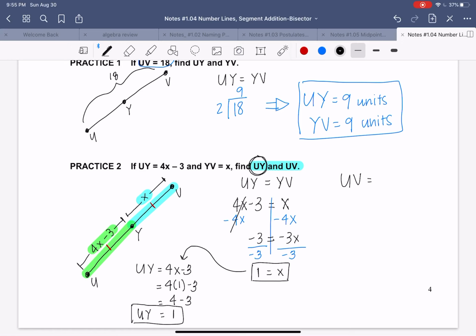So UV equals UY plus YV. All I did was set up an equation that will help me find the value of our whole segment. So UY plus YV equals our whole, and I'll highlight that in yellow.